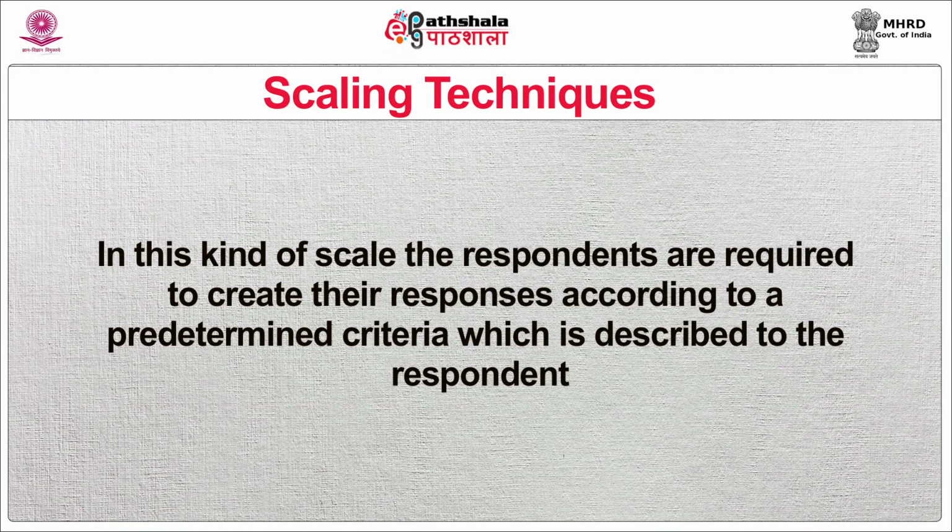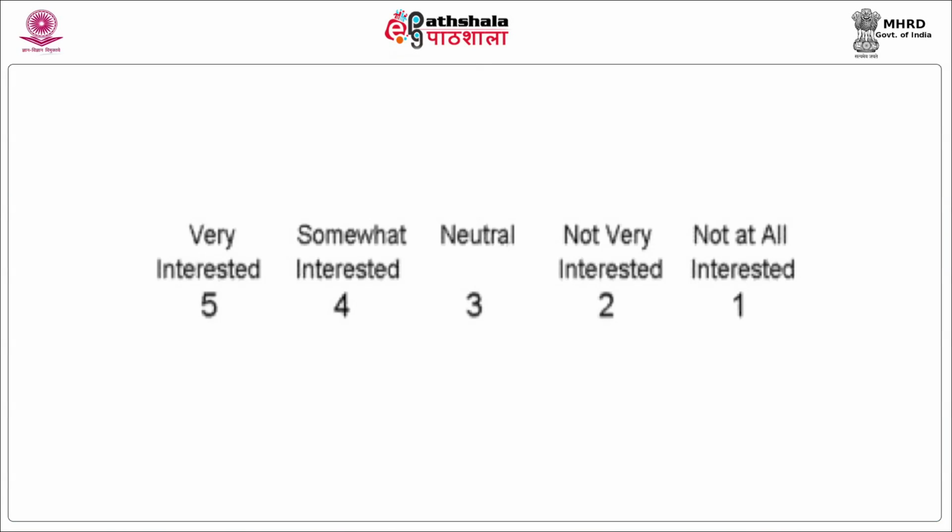In this kind of scale, the respondents are required to frame their responses according to a predetermined criteria which is described to the respondent. For example, the Likert scale. This is one of the most widely used scales where the respondent answers to a particular characteristic of the object on a 5-point scale which represents a predetermined value.